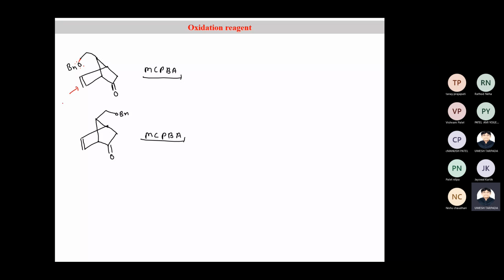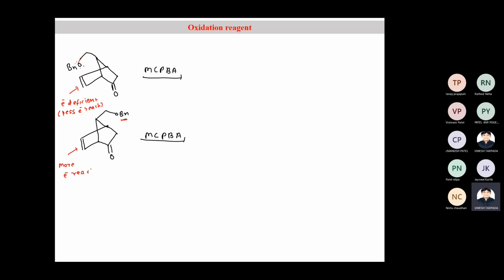So this double bond is electron deficient, or you can say less electron rich. But when this group is away from the double bond, this double bond is more electron rich.